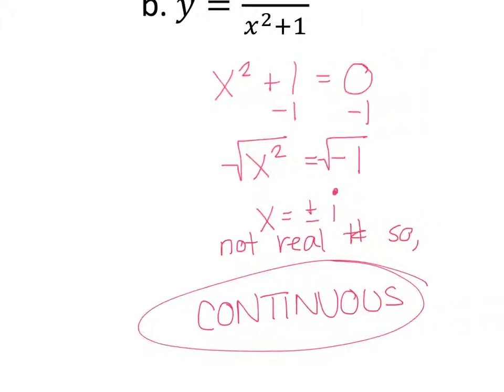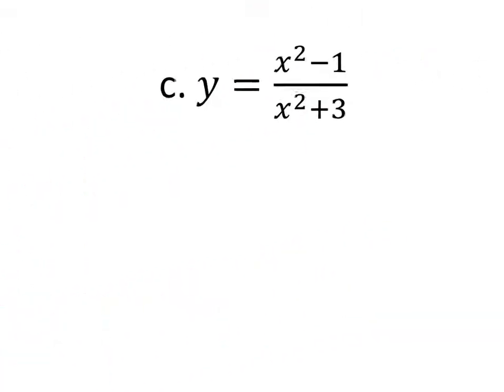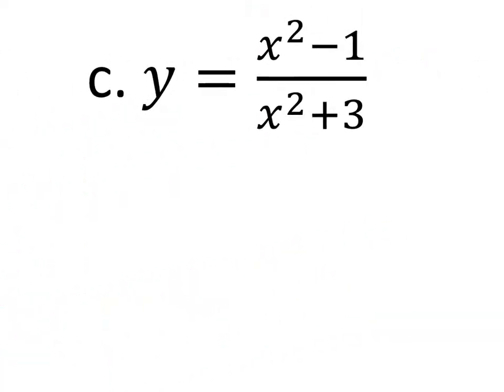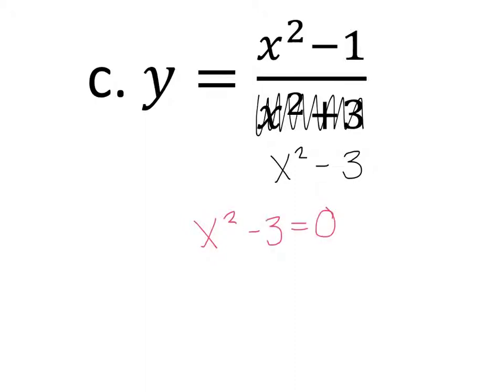All right, on the last one, of course, I made a typo. I'm going to change the denominator to be x squared minus 3, just so we have another type of example, because that one would have ended up being imaginary and would have been the same. So I set my denominator equal to 0. I can add 3 to the other side.